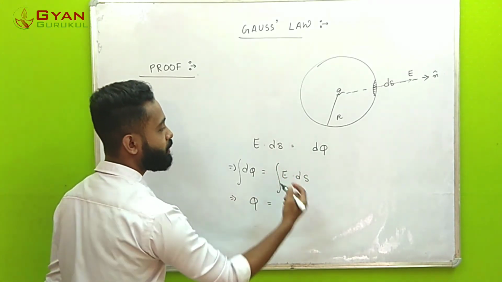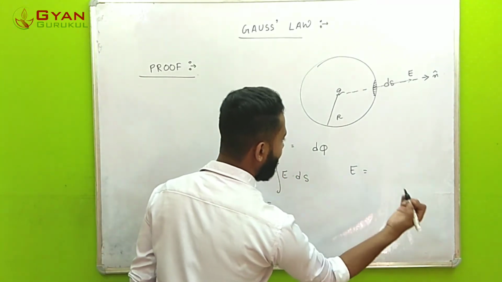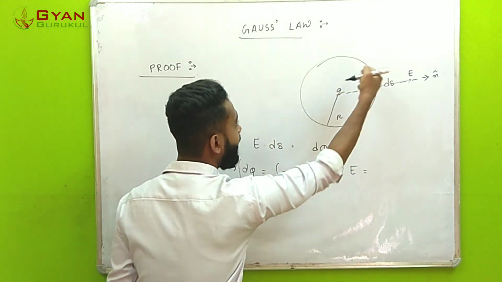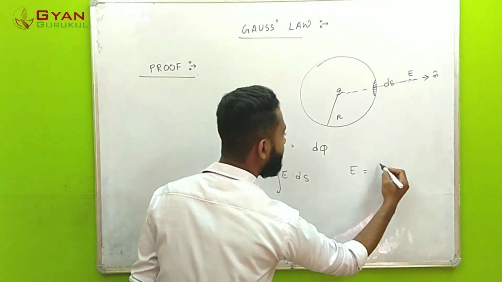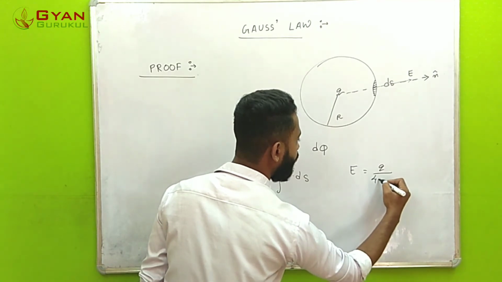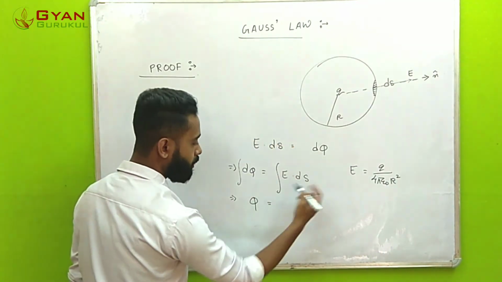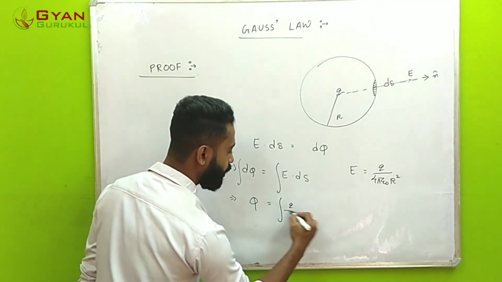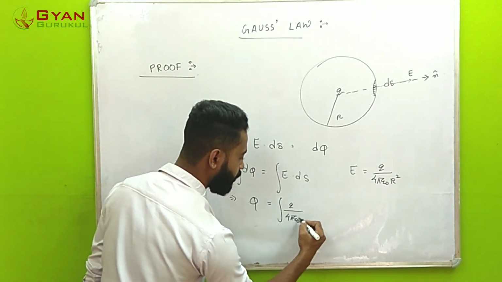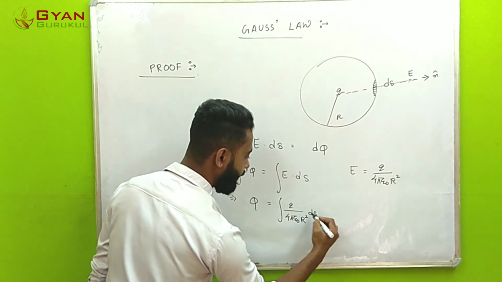What will be the expression for electric field? First of all, the electric field for this particular charge at a distance r would be given by q by 4 pi epsilon naught r squared. So the integration would look like q by 4 pi epsilon naught r squared ds.